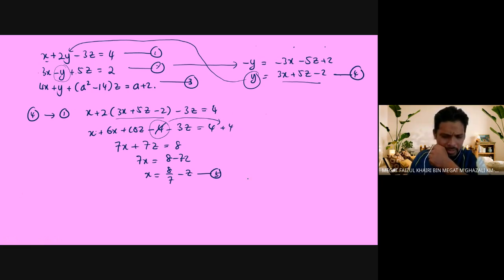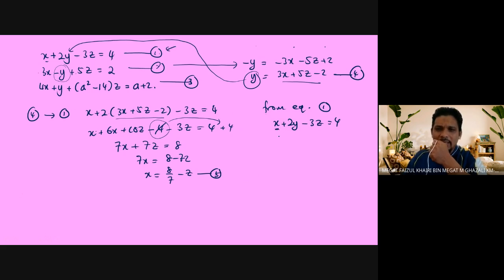And then according to this, 4 plus 3z minus. Okay, from equation 1, which is x plus 2y minus 3z equal to 4, this one here, and then we make x the subject here. x equal to 4 minus 2y plus 3z, equation 6.